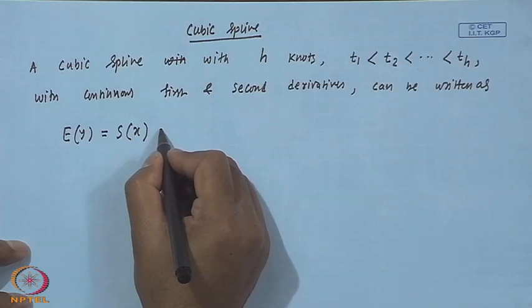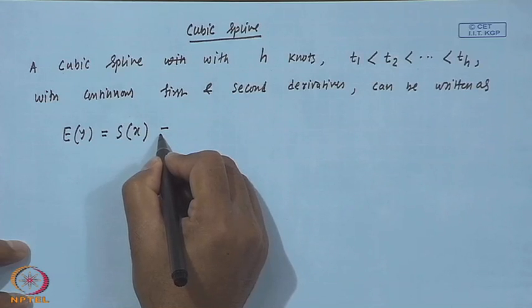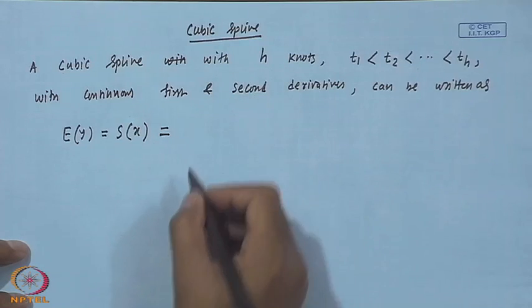So, I am writing the cubic spline model involving k knots. Okay.